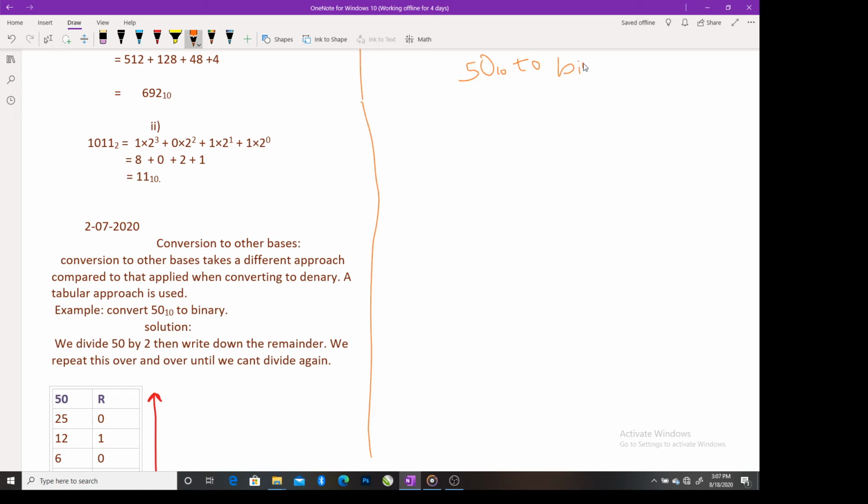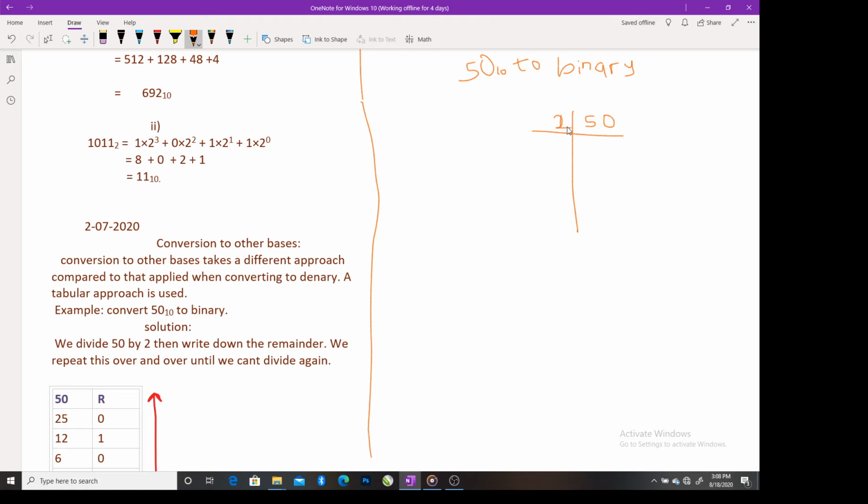How can you do that? You use your tabular approach. Draw this, have 50 here. When converting to base 2, binary, you use 2 to divide. If you're converting to base 3, you use 3 to divide. If you're converting to base 8, you use 8 to divide.